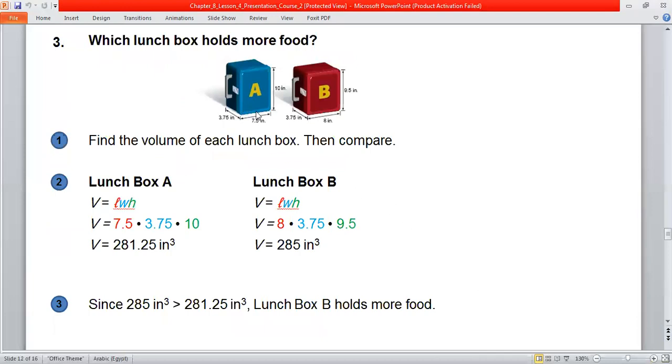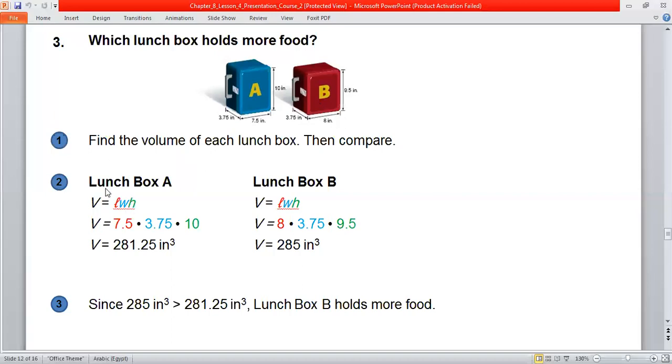We have two lunchboxes. Imagine the blue one is for Muhammad and the red one for your brother Ahmed. Muhammad's is 3.75 by 7.5 with height 10. Ahmed's is 3.75 by 8 by 9.5.